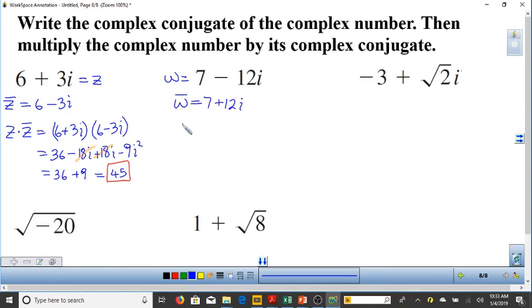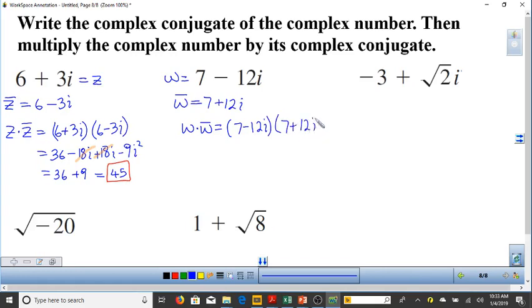While I'm multiplying this, I would recommend that you try to do these questions on your own before you look at my process of solving these, because then that will allow you to check to see if you understand the concept. You can pause the video, do the exercise, and then check the video again to see if you got it right. So I'm going to multiply 7 minus 12i by 7 plus 12i.